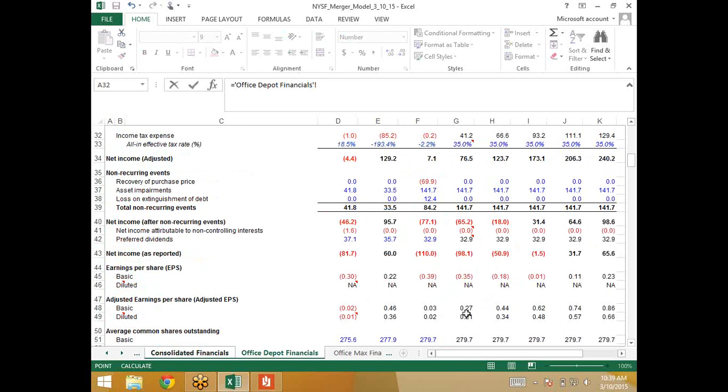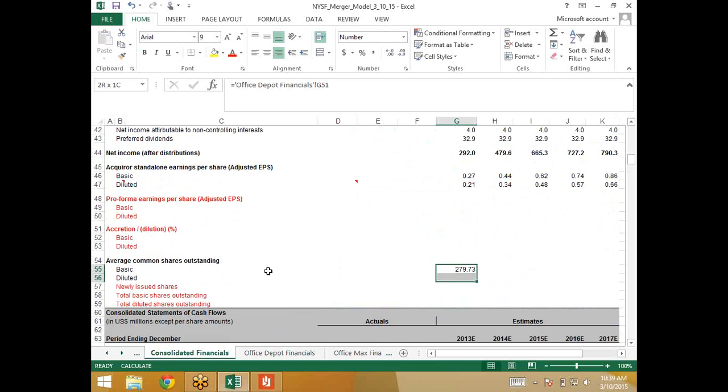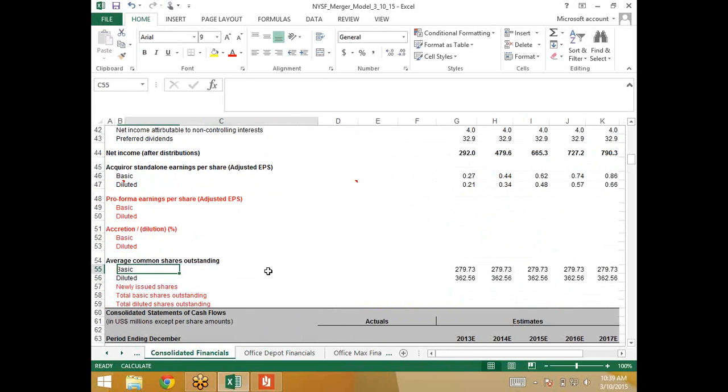The acquirer's basic shares are 279.7, and then the acquirer's diluted shares. This is their baseline shares, and then we have to add to it the shares that we've raised. So let's just pull it in from the original acquirer.